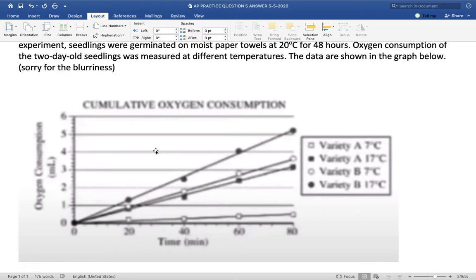And then you can get a quick view that the circles are higher than the squares, and it's hard to see, I know. So variety B proceeds at a faster rate than variety A.